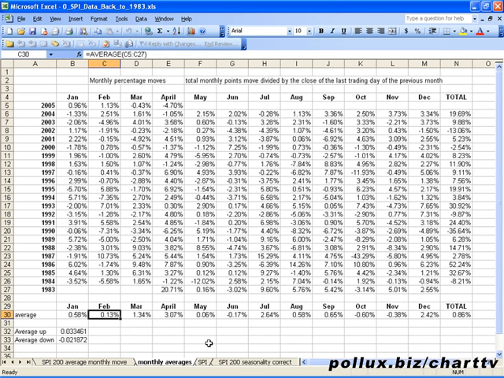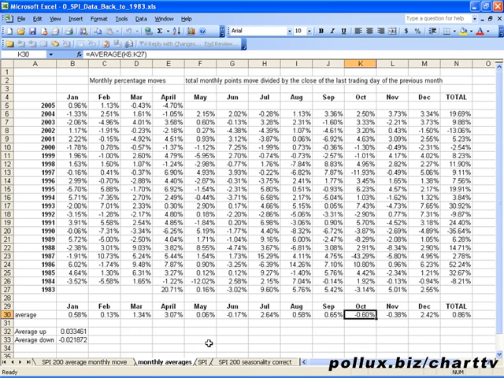February is 0.13%. March 1.34%. The most bullish appears to be April, which was up 3.07% on average for this time period, and so on and so forth. The most bearish month appears to be October with minus 0.6%. So October appears to be the most bearish month in terms of average moves.